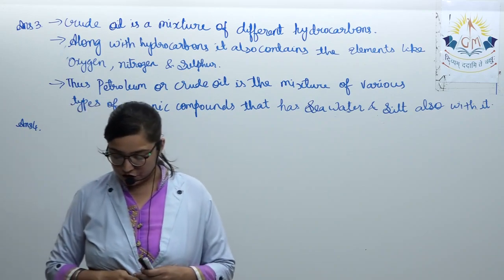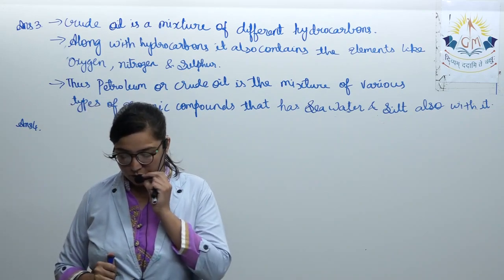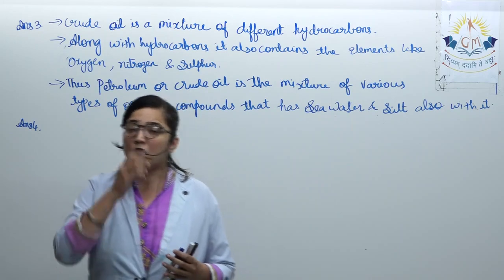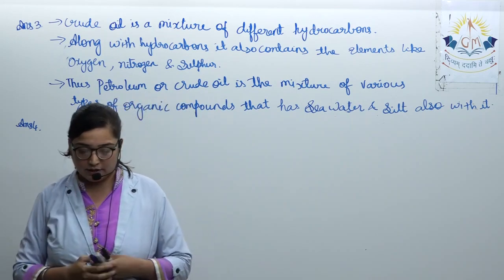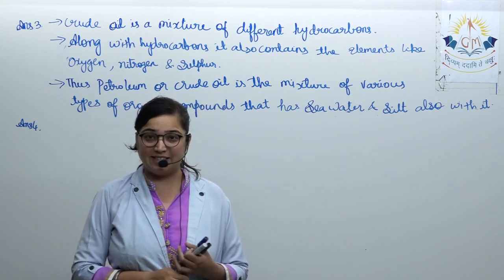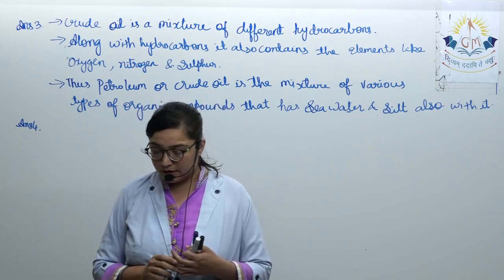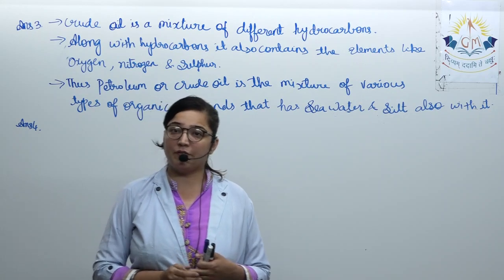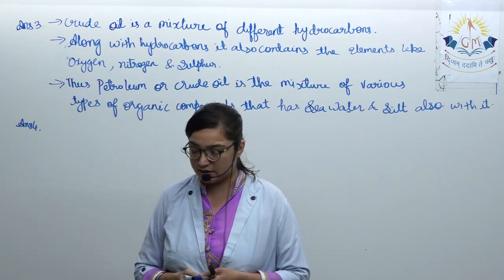Moving to the further question: various fractions or products that are obtained from the crude oil after the distillation: petroleum gas, petrol, diesel, naphtha, kerosene, diesel oil, fuel oil. These are the various things.